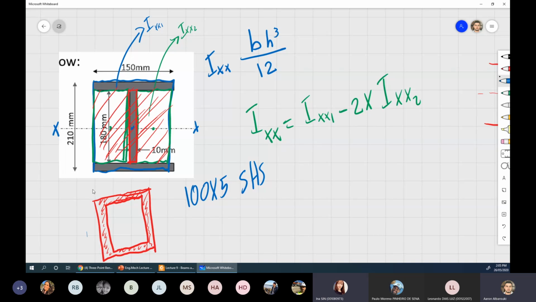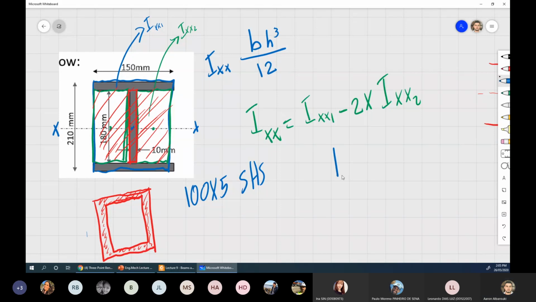What about the 5? The thickness is 5. Perfect. So when I'm saying SHS, square hollow section, we need to know these names from now on, like you know your friends' names. These will be your new friends, guys.